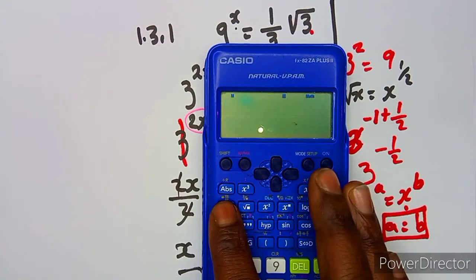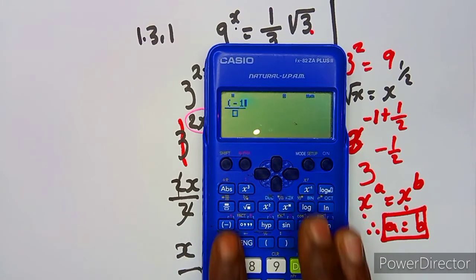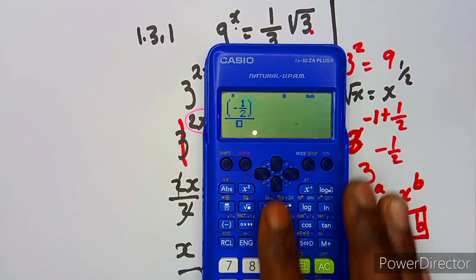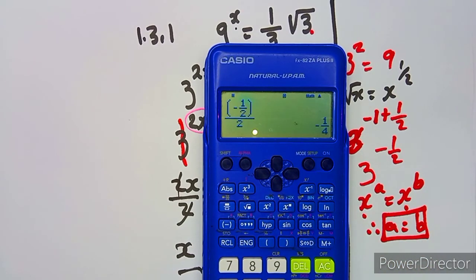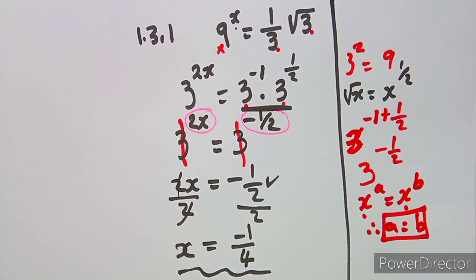Let's put a bracket like this, minus half on top in a bracket. Okay, then you close it, then you divide by 2 like this. Now it makes sense. All right, so you're going to obtain something like that. So that is what you're supposed to do there. Make sure, guys, how you use your calculator in exam is going to be very, very important. Okay, anyways, that's what we had from this question of solving.